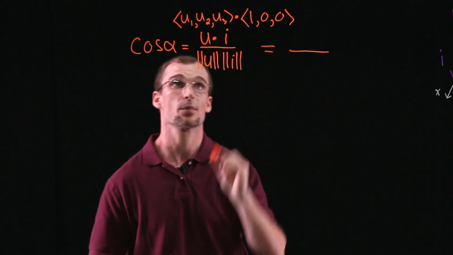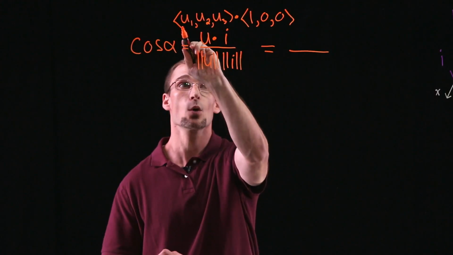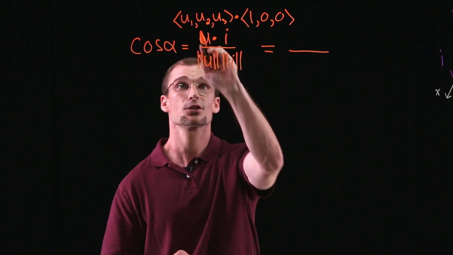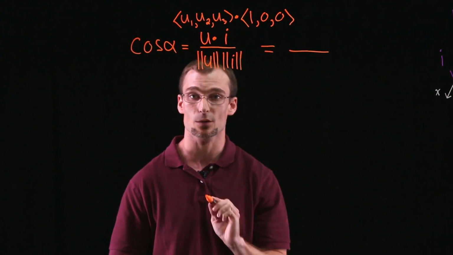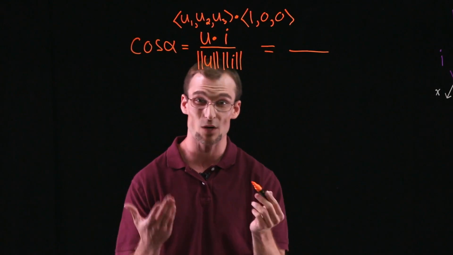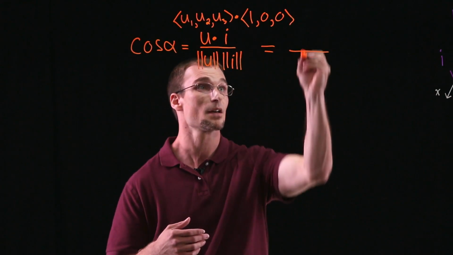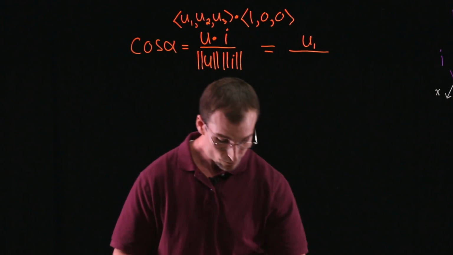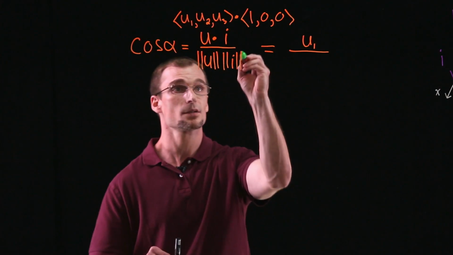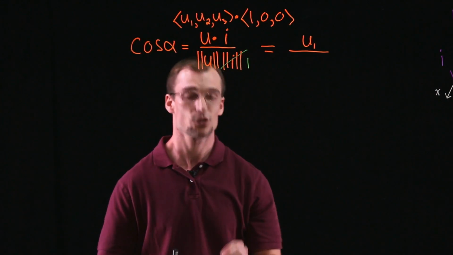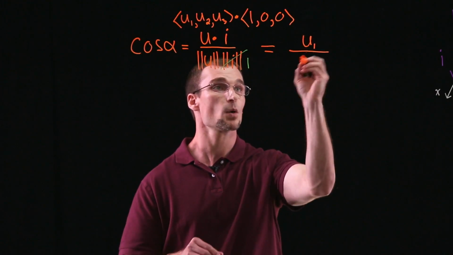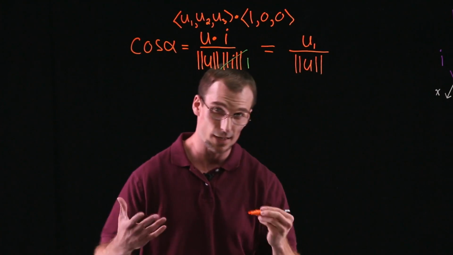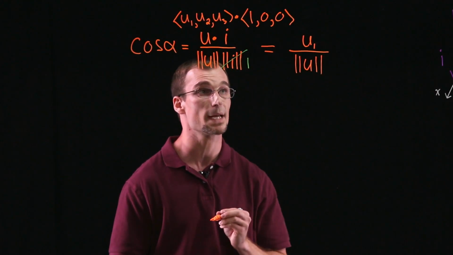When we take the dot product, we do component-wise multiplication: u1 times 1, plus u2 times 0 and u3 times 0. So the only component we're left with is wherever the 1 is in our unit vector, namely the first component u1. The magnitude of a unit vector, by definition, is just 1. So this is going to be u1 over the magnitude of u. And we can take that as a general formula for the other angles when we get to them.